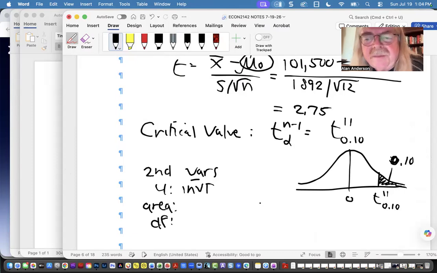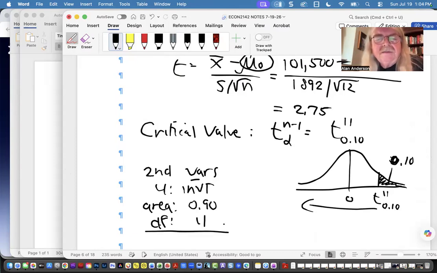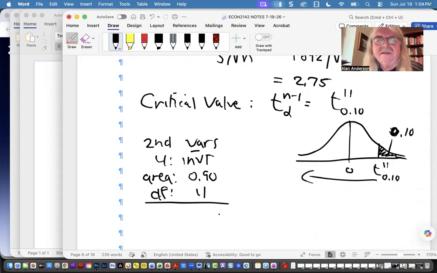Of course, remember the area means left tail. Degrees of freedom is 11. I'll get 1.363, let's say. Okay. And what do we do with it? Of course, we compare that with the test statistic.